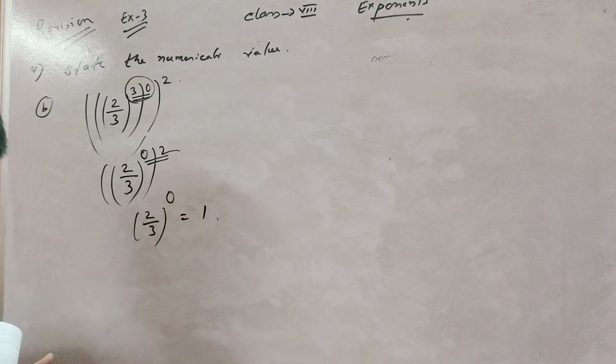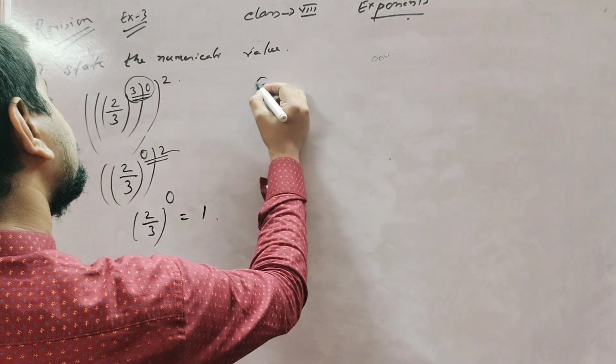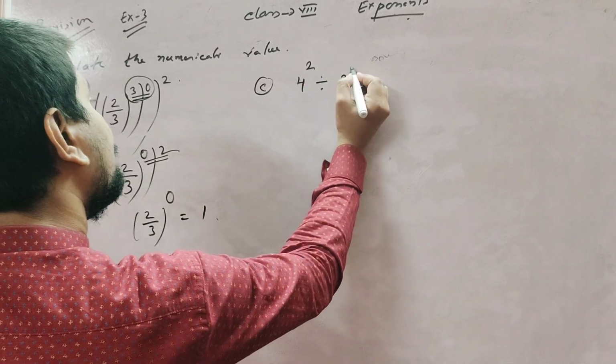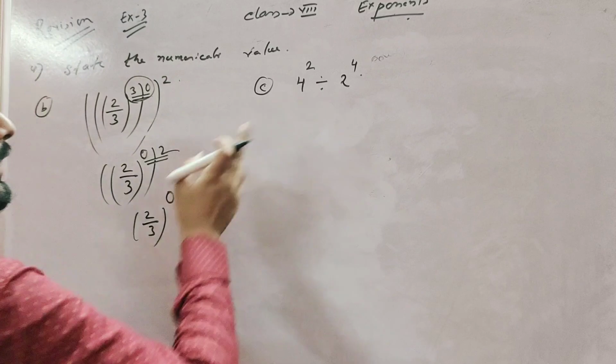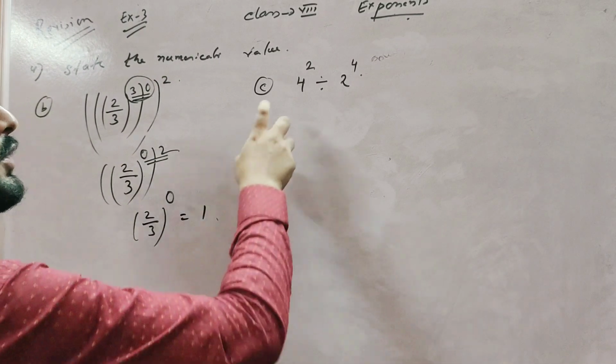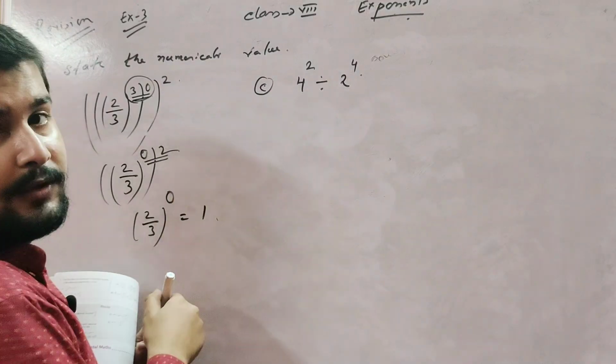Okay, question number C, 4 to the power 2 divided by 2 to the power 4. Division is not possible if we don't have the same base. So first of all we convert this number into the form of 2.